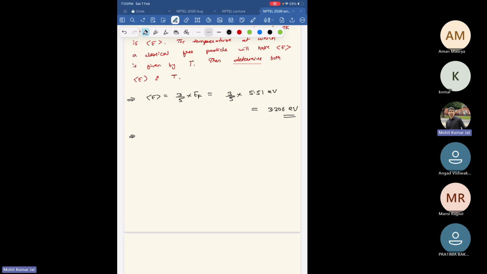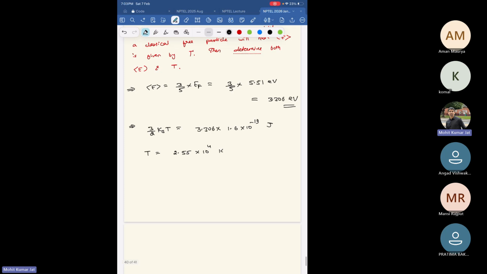So 3 by 2 times kBT is equal to 3.306 times 1.6 into 10 power minus 19 joule. kB is the Boltzmann constant. You write the value of the Boltzmann constant, and the temperature you extract is roughly 2.5 into 10 power 4 Kelvin. It's an enormously large temperature. So this much high temperature is required for the electrons to attain that Fermi energy, basically.